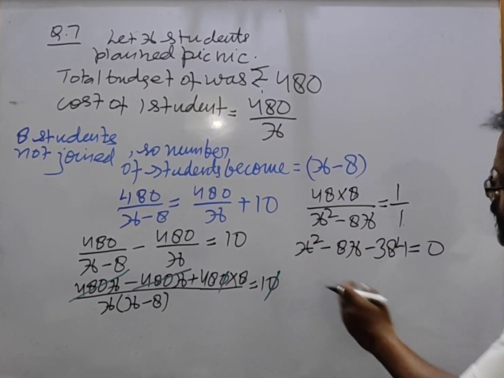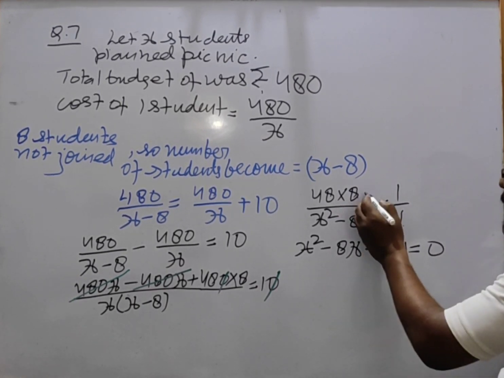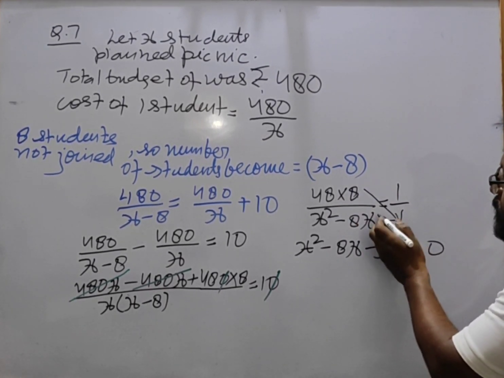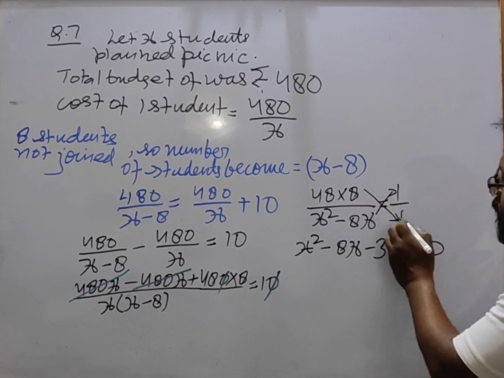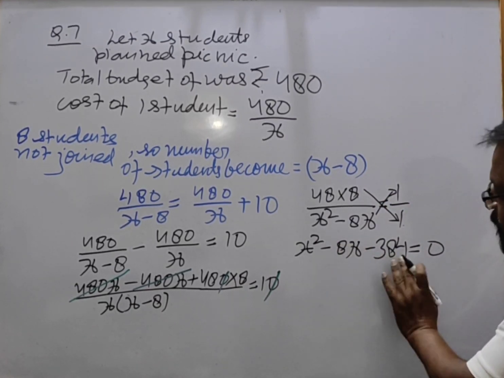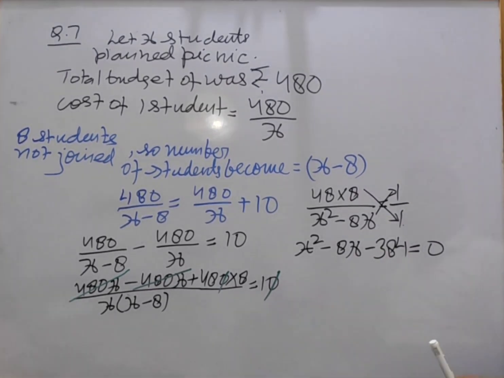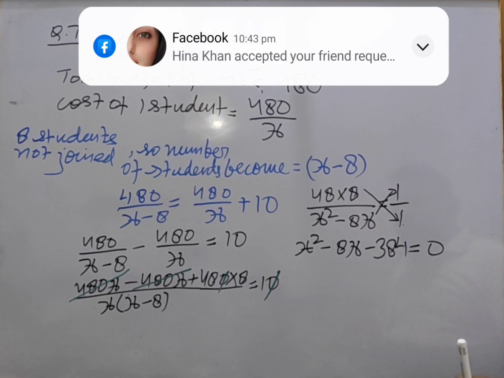I bring it on the other side, so it becomes 0, right? What happens? You did not understand? I cross multiplied, and after that I brought this. One step I skipped, and I brought this minus 384 on this side. I hope it's okay for you, right?